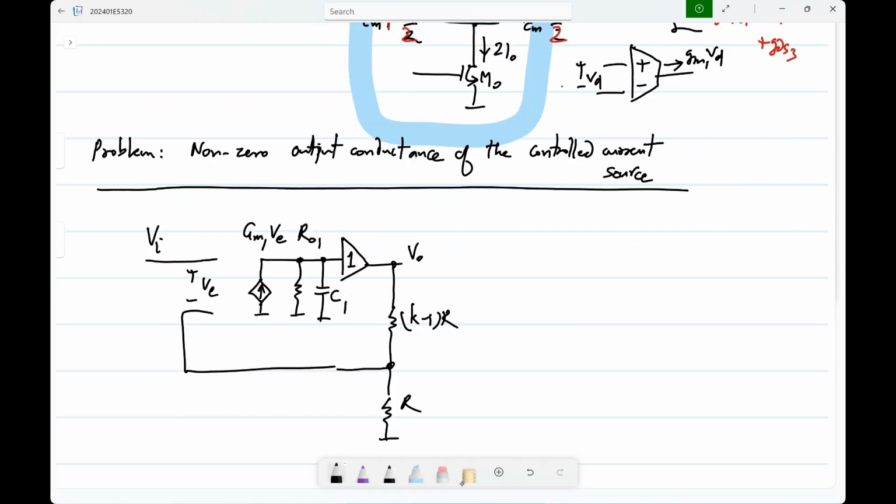Let's say Vi is 1 volt and the output should be, if K equals 5, it should be 5 volts. Okay. So this is our amplifier, right? That's what I mean. Our closed loop amplifier should have a gain of K. Why did it have a gain of K? In steady state, the negative feedback was such that VFB is driven to be equal to Vi. Okay. So then the output will be equal to 5 volts if K is 5. So now tell me what, if anything, goes wrong with this.